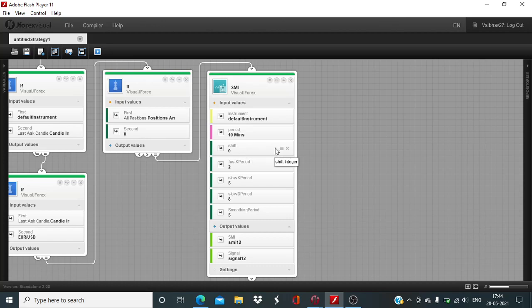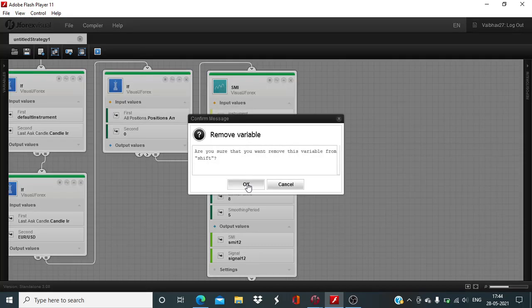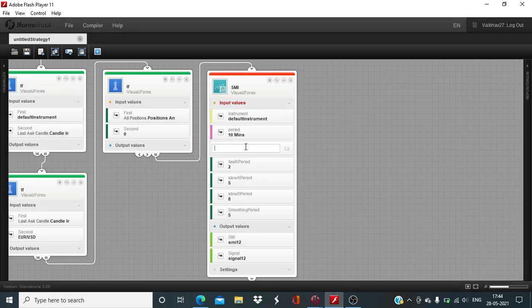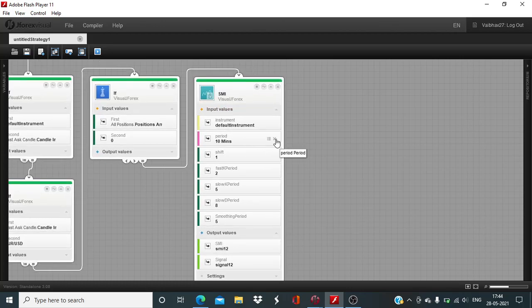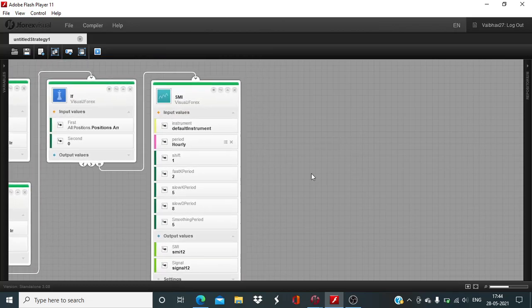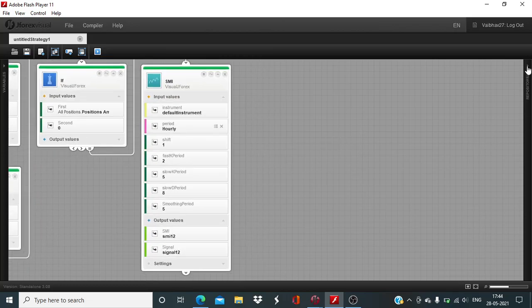Shift will be 1, and I will change it to hourly. We are going to need two of these blocks, one with a shift value of 1, another 2.